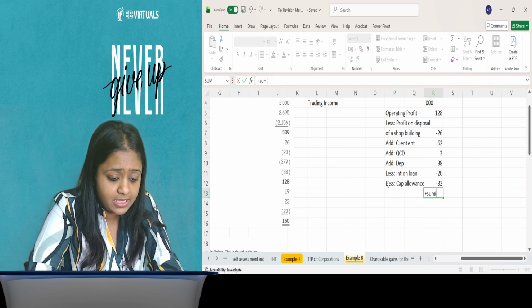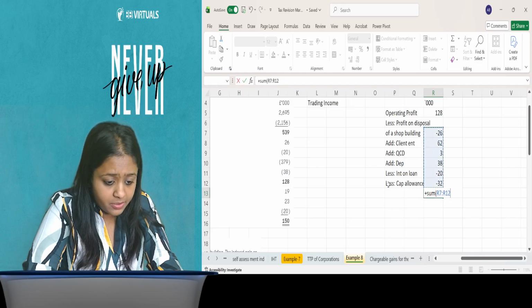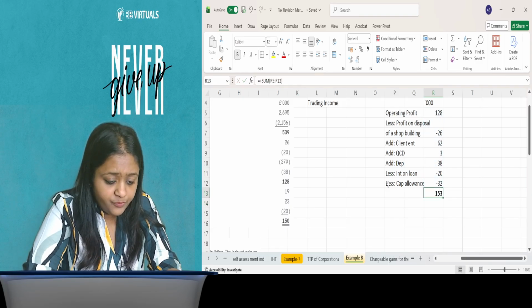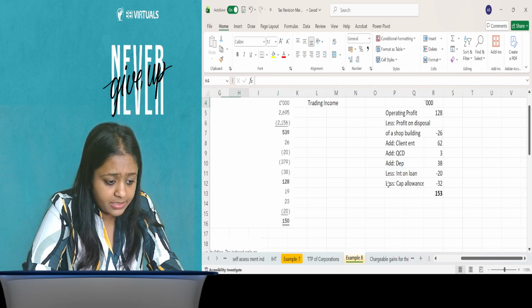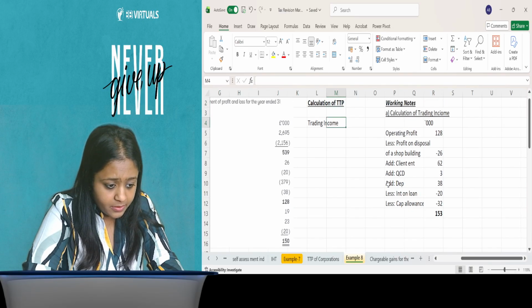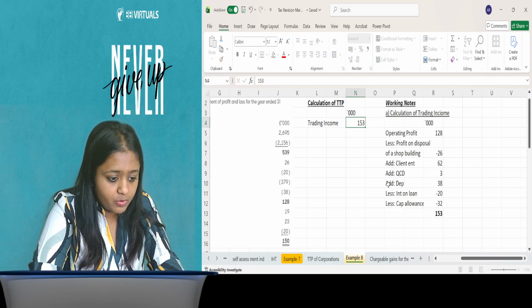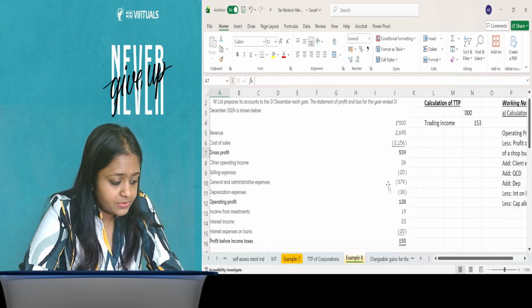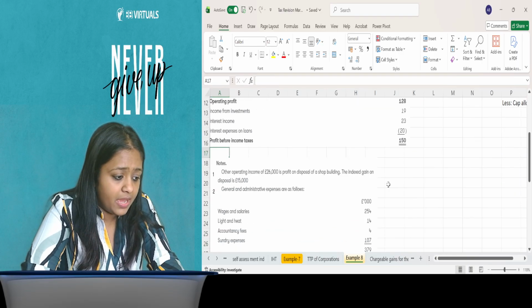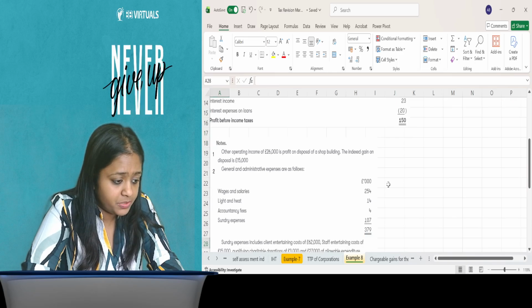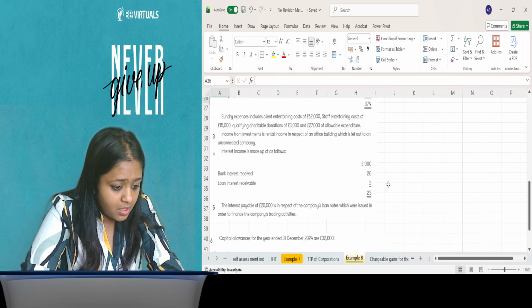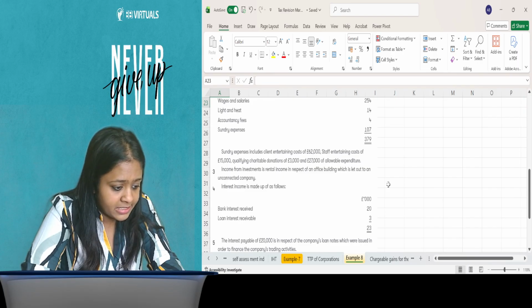Now let's take the sum, and that is your trading income. So that becomes 153. Now here I will take 153. Okay, the next one is, now you will take the remaining income. So you have income from investments that is to be taken here, and interest income. So both we will be taking here.